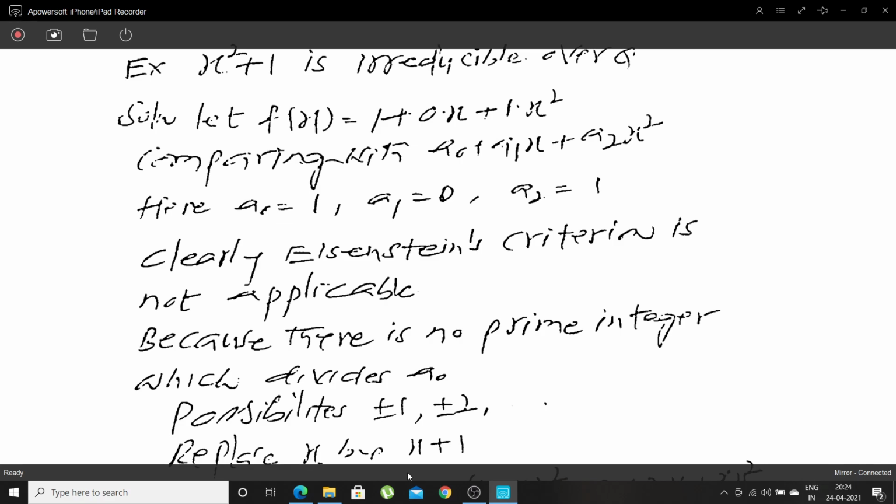Let me complete the polynomial. x square plus 1 is incomplete. Since x is absent, we have to make it complete: 1 plus 0x plus 1 x square. Let me continue.